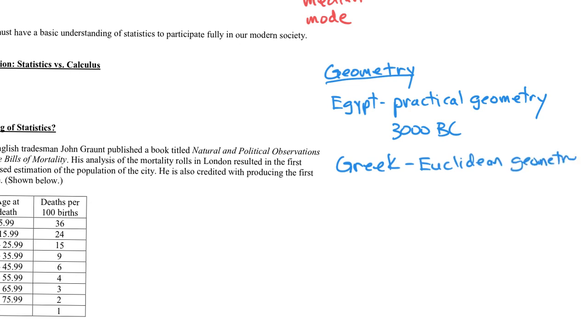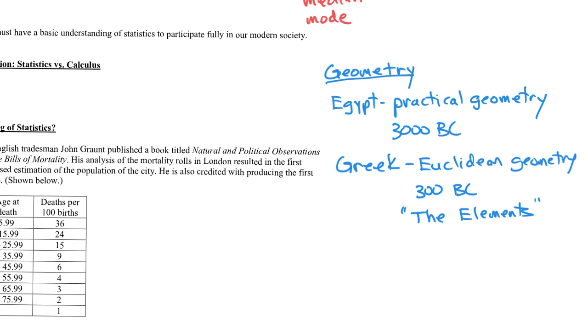And there was a book published in about 300 BC, a book called The Elements, which you may have heard of. The Elements was published by Euclid, and it has been published routinely ever since then.